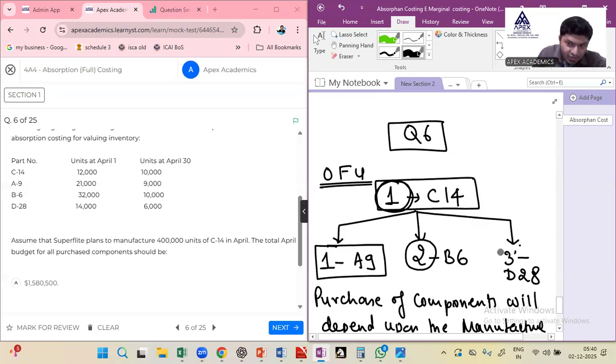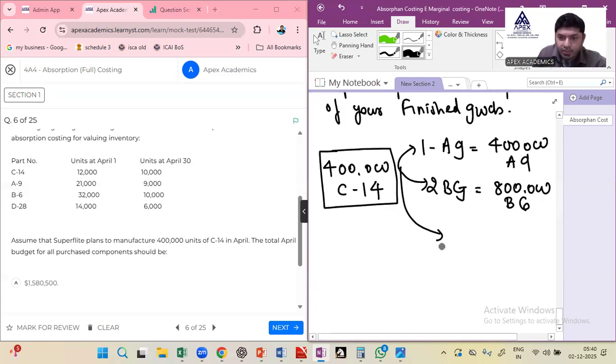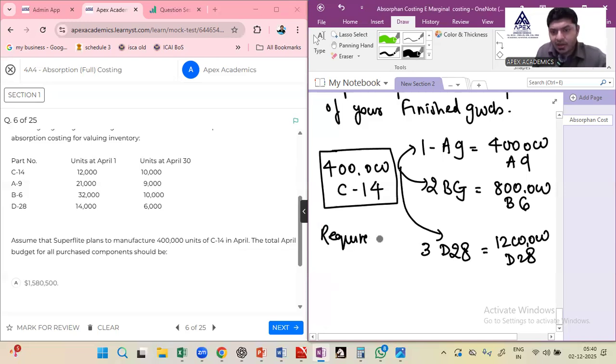I need 3 units of D28 to make 1 unit of C14. So to make 4 lakh units of C14, I need 12 lakh units of D28. This is my requirement. It is not what I am going to purchase, it is what I require.